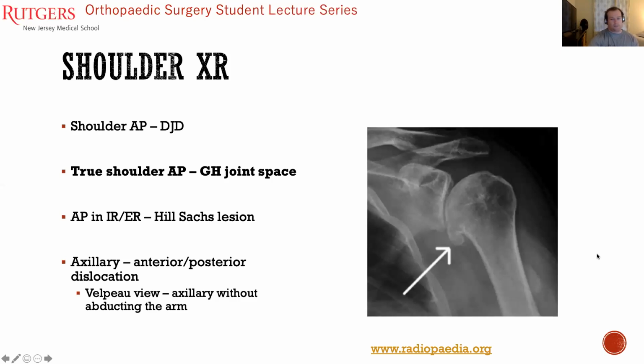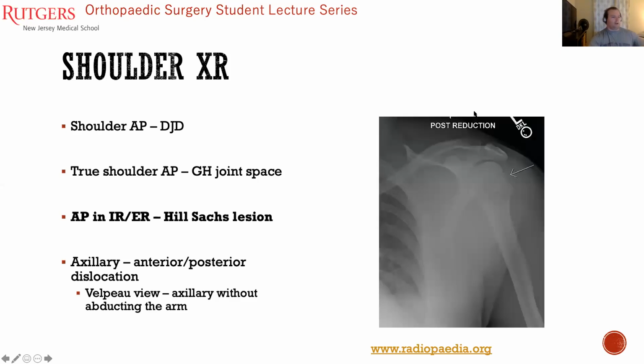That's where a Grashey view comes in, because again, you can see that the outline of the glenoid is much more narrow. We're seeing it more en face, and you see degenerative changes, particularly this inferior osteophyte that's associated with degenerative joint disease of the shoulder. When you're looking at a shoulder itself, again, the internal and external rotation views help you see any issues that are either on the anterior or posterior aspect of the shoulder or of the humerus.